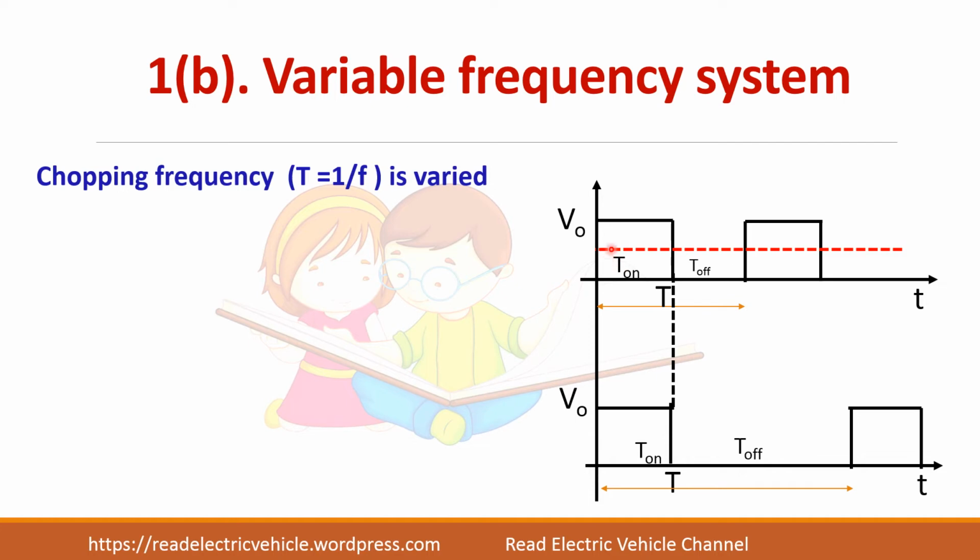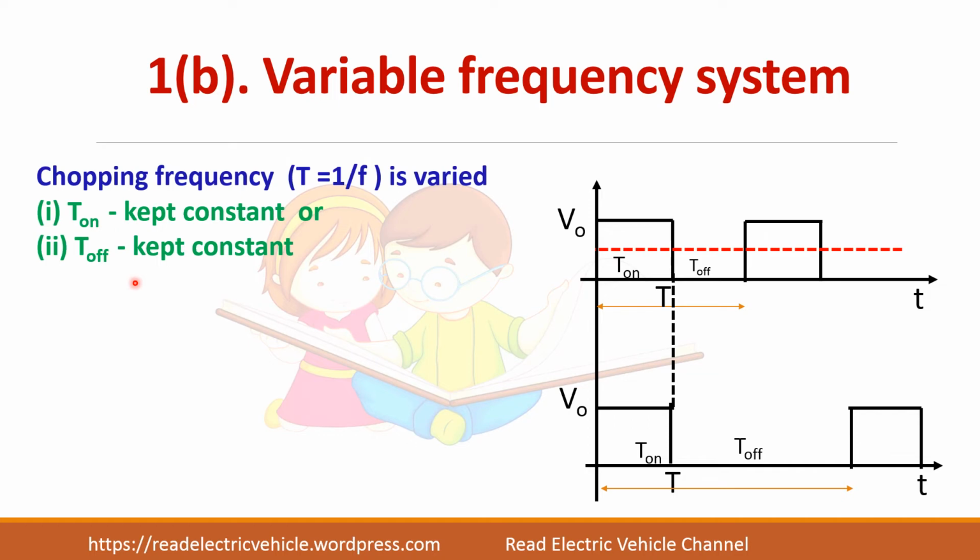Here I have kept T on constant. T on is the same in both the cases, but the off period will be different, so that T will be different. So either you can keep T on constant or T off constant. This method is called frequency modulation technique because you are changing the time period or the frequency.